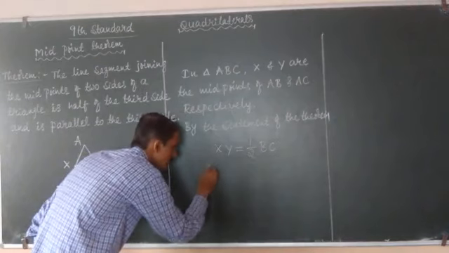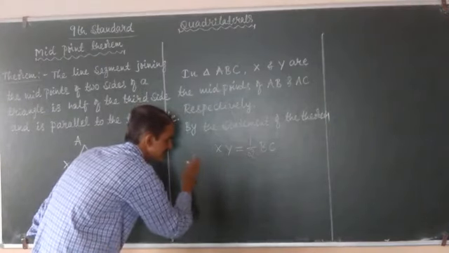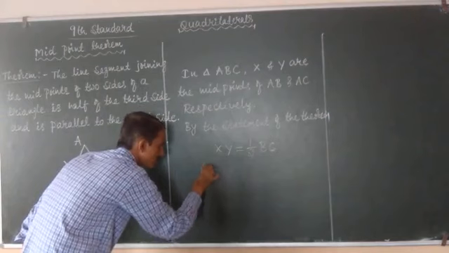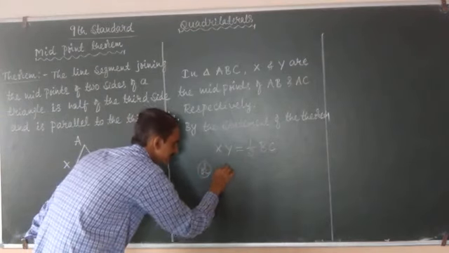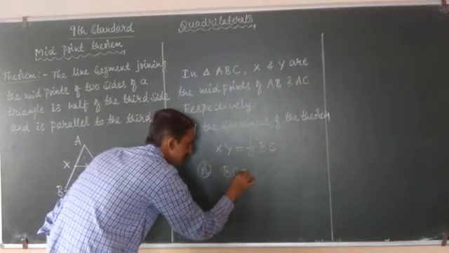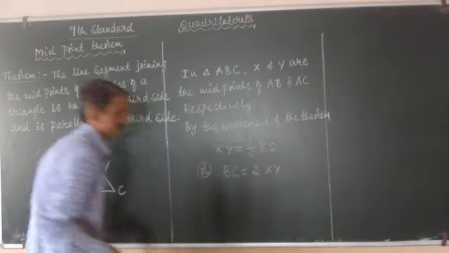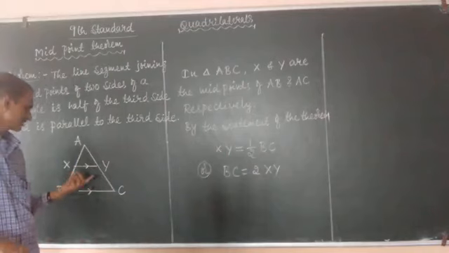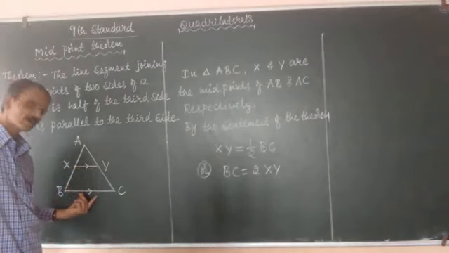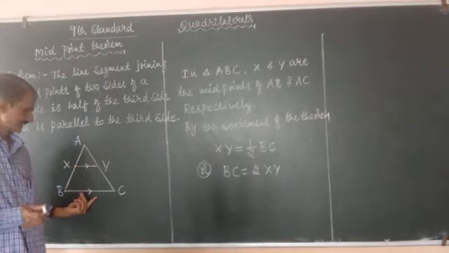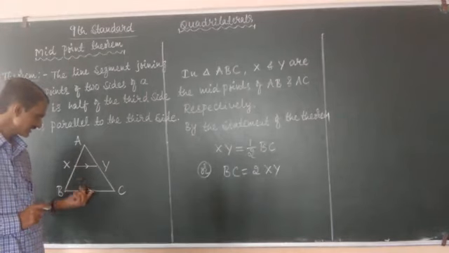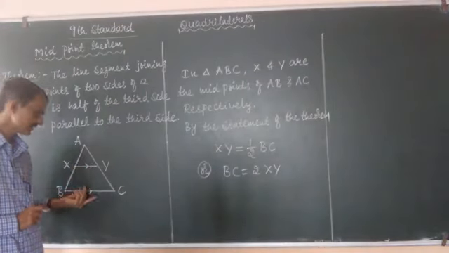In other words, BC is twice XY, 2 into XY. So XY is half of BC, or BC is 2 times XY.